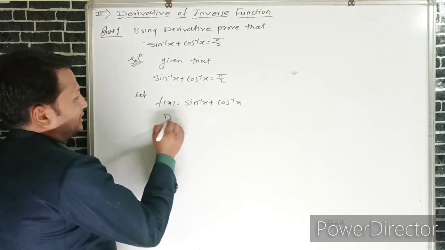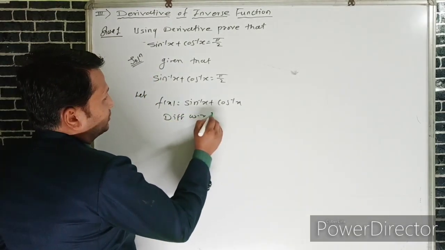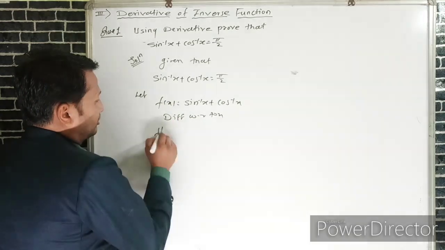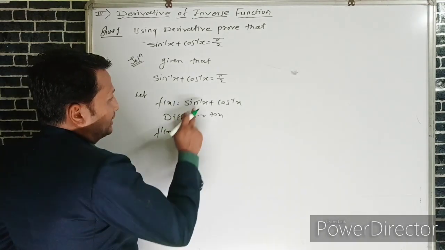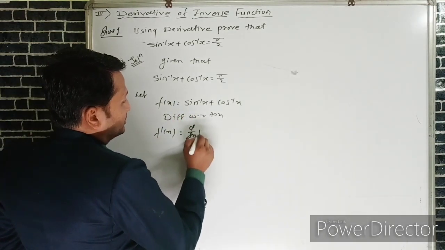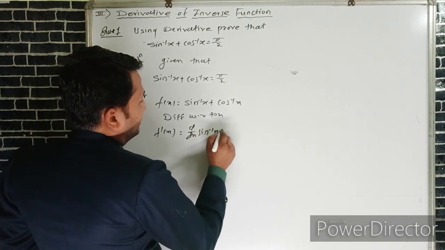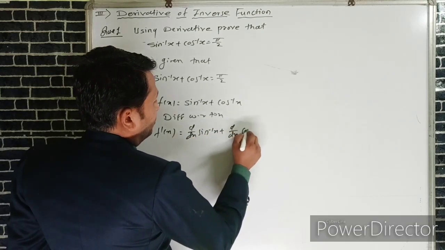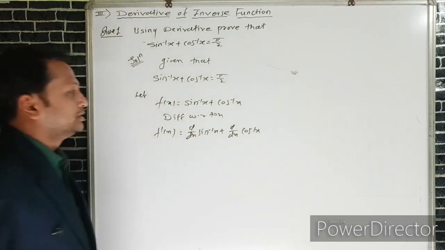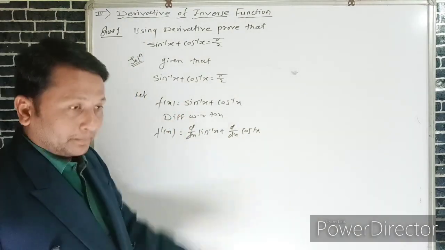If we differentiate this function with respect to x, then the derivative of f of x is f dash of x, and the derivative of sin inverse and the derivative of cos inverse are taken separately, by using the rule of derivative of u plus v.